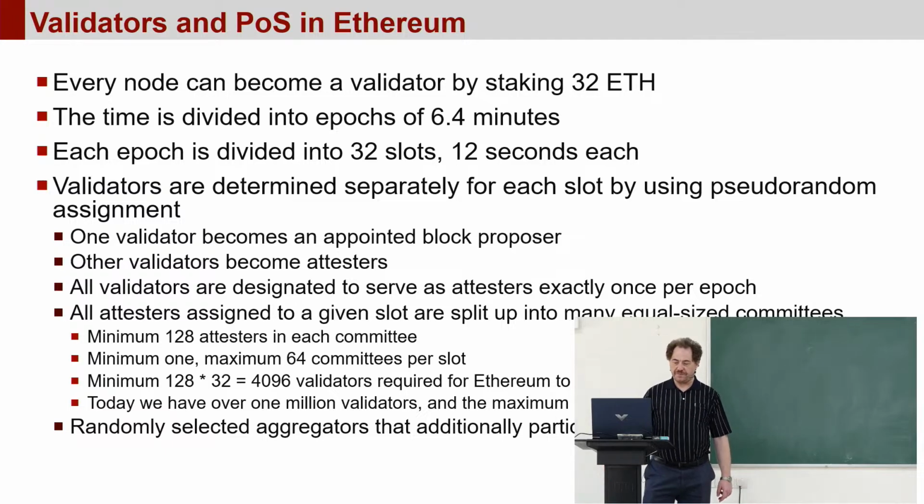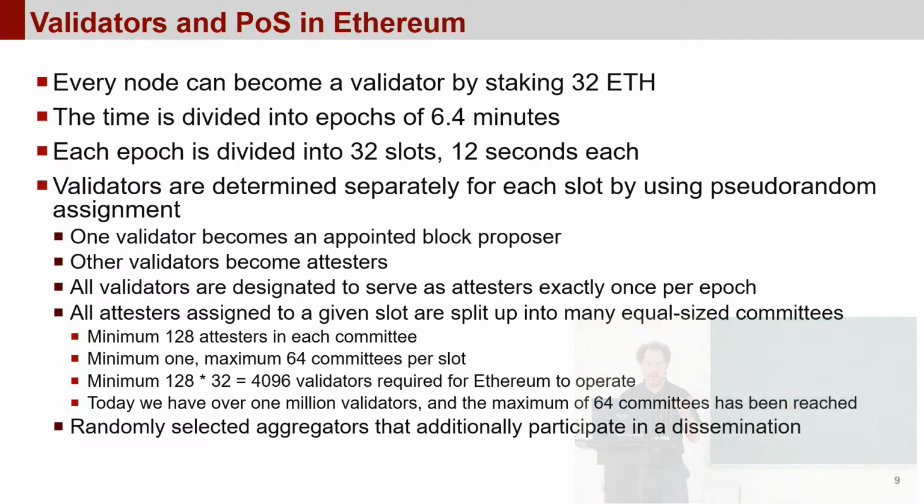So thanks to these rules, we can calculate the minimum number of validators required for Ethereum to operate. We need a minimum of 1 committee per slot, and a minimum of 128 attesters in each committee, and then we have 32 slots for each epoch.